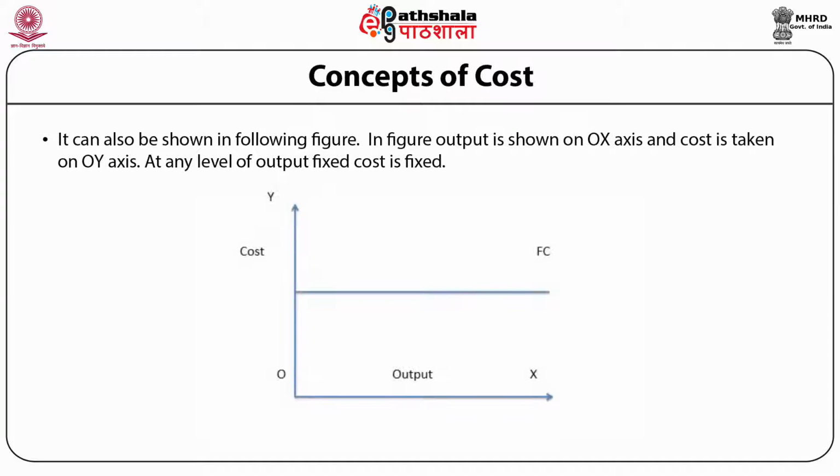Fixed cost can be shown with the help of diagram also. As it is seen in this diagram, output is shown on x-axis and cost is taken on y-axis. FC is a fixed cost curve. At any level of output, fixed cost is fixed.